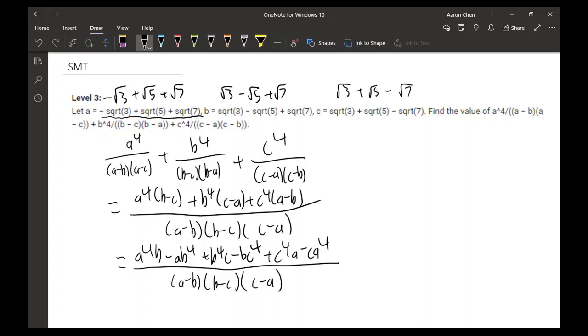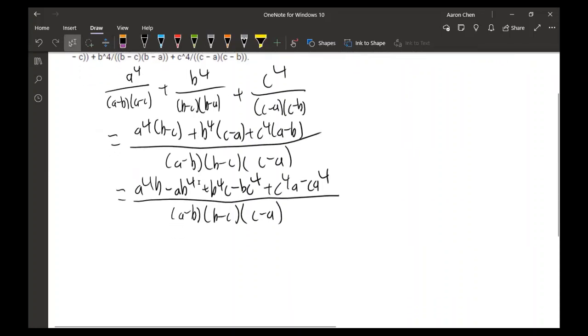And so now what we really want to do is be able to factor out something from the numerator. And so in order to do so, we want to factor the numerator.